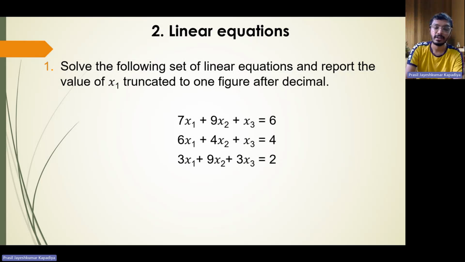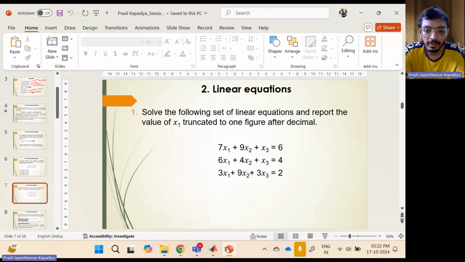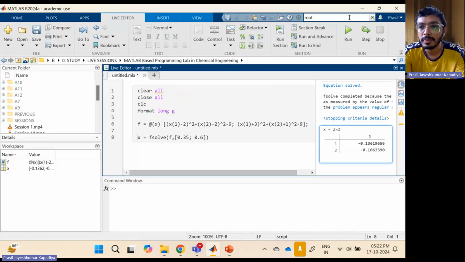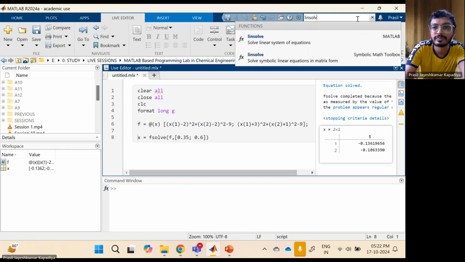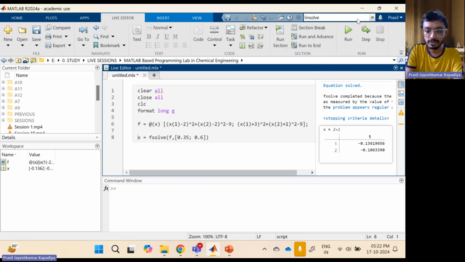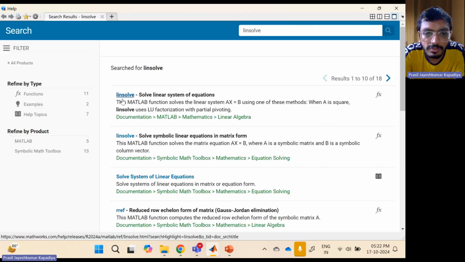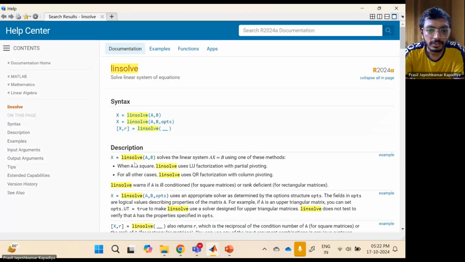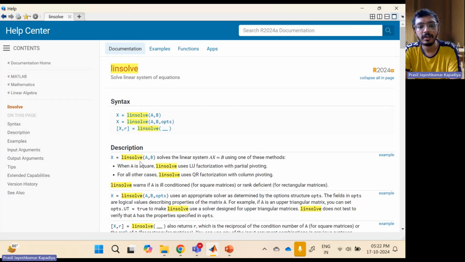Okay, let's move ahead with linear equations. For linear equations, what we have learned is the linsolve MATLAB inbuilt command. Let's have a look at linsolve and read out what it says. x is equal to linsolve(A, b) solves the linear equation Ax = b using one of these methods.